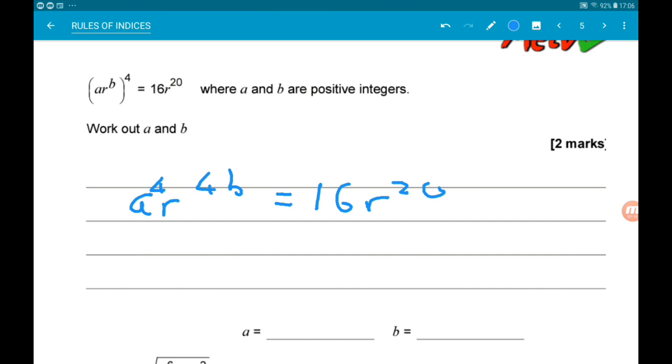Now, if we look at the different parts and compare both sides, on the left we have a to the power 4 multiplying the r term. On the right we have 16 multiplying the r term. That means then a to the power 4 is equal to 16.